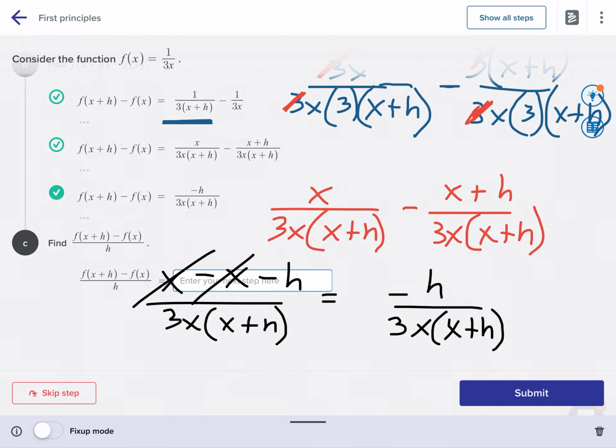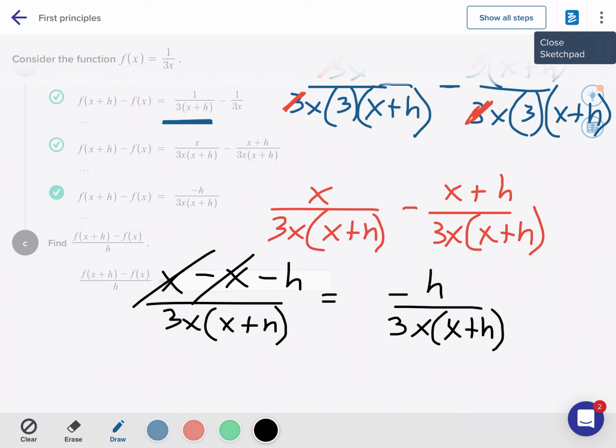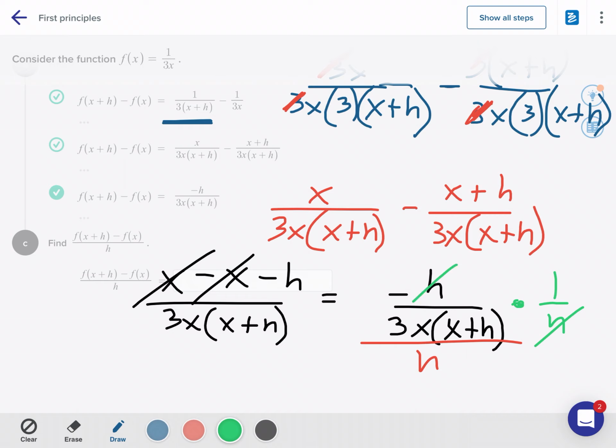Okay, so there we are. Now we're going to divide that whole thing by h. And now how does this simplify? Well, this is the same as multiplying by 1 over h. And those h's are going to cancel. And now we're left with negative 1 over 3x times x plus h.